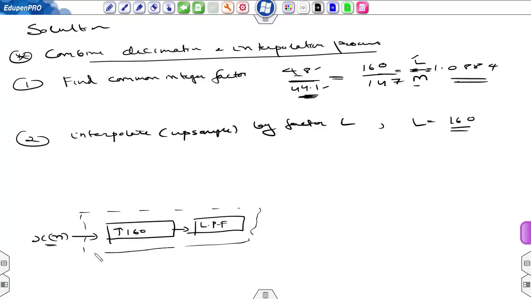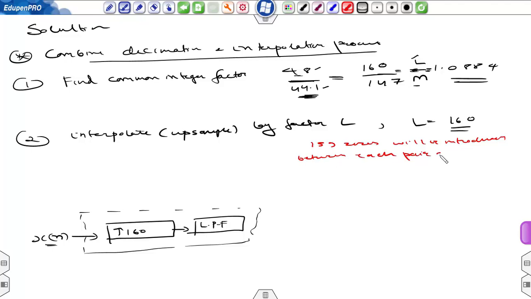This is the interpolation process. 159 zeros will be introduced between each pair of x[n] and x[n+1].